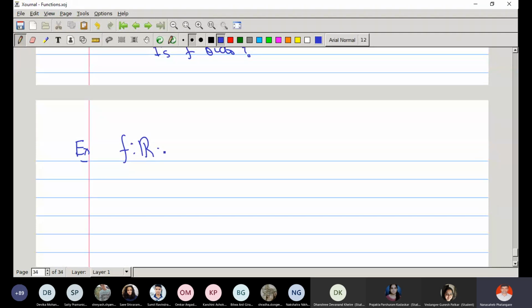If I define a function from R to minus 1 to 1 and f of x is equal to sine x, is it onto?